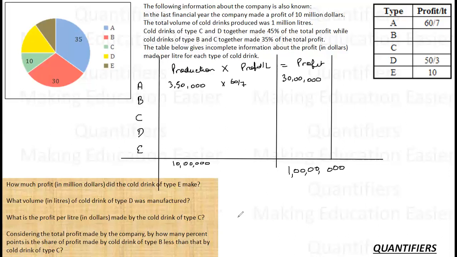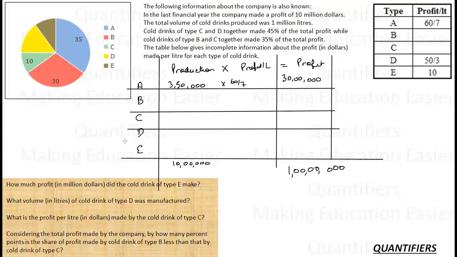So this is for A. If I talk about B, B is 3 lakh. I don't know about the share of B, so let it be B, and there's some profit being generated, that is 3 lakh B. For C it is 1 lakh.